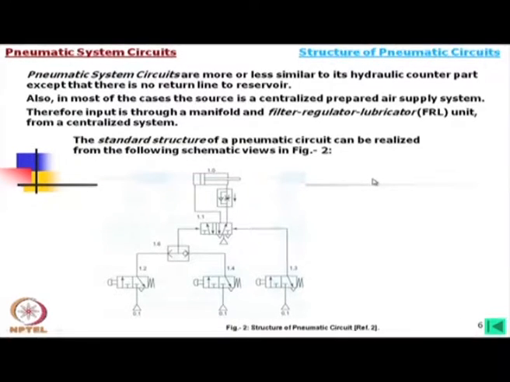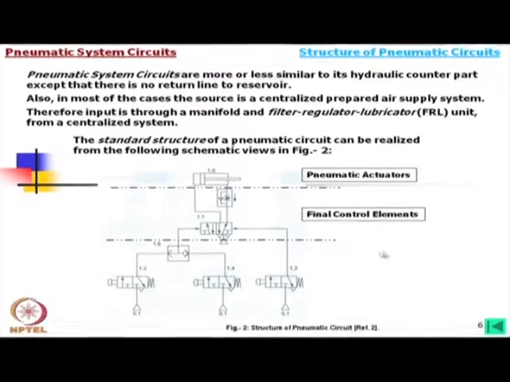Now, we shall look into what should be the standard structure of a pneumatic circuit, and that can be realized from the following schematic view in this figure. What we find is that this is a pneumatic actuator, this is the application end. We shall call it an actuator, maybe an air motor also.